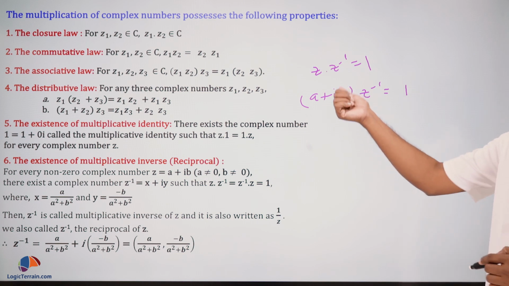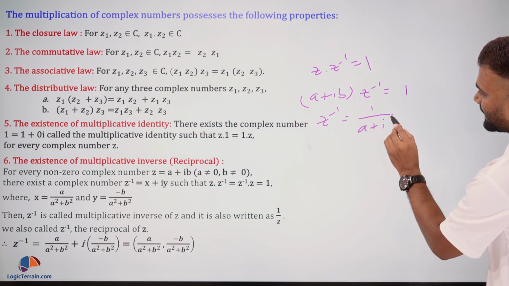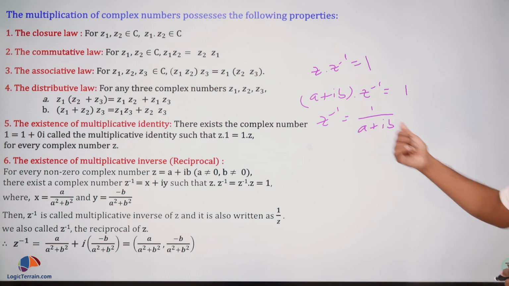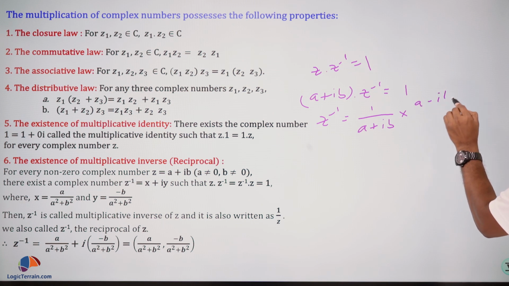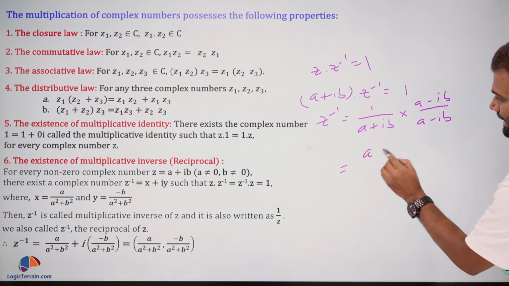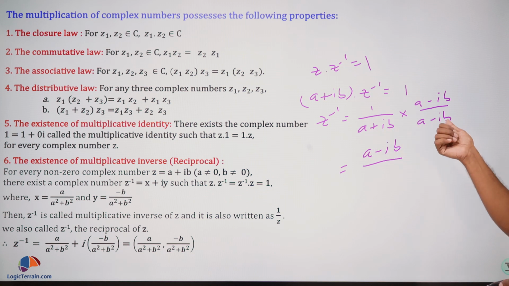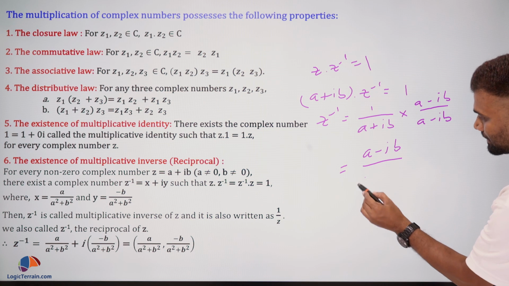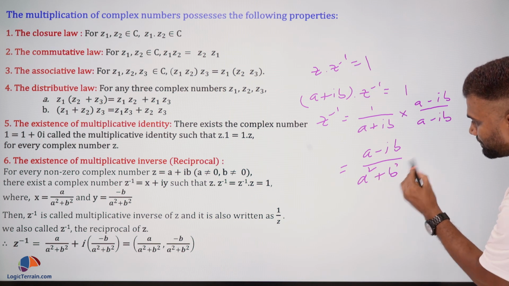Here a + ib is multiplying; if it goes to the other side it divides, so z inverse is equal to 1/(a + ib). On rationalizing the denominator, we rationalize with a - ib, that is (a - ib)/(a - ib). On multiplying 1 into this, we get (a - ib) upon the denominator, which looks like (a + ib)(a - ib), so a² - i²b². Since i² is negative 1, negative 1 into negative becomes positive b².